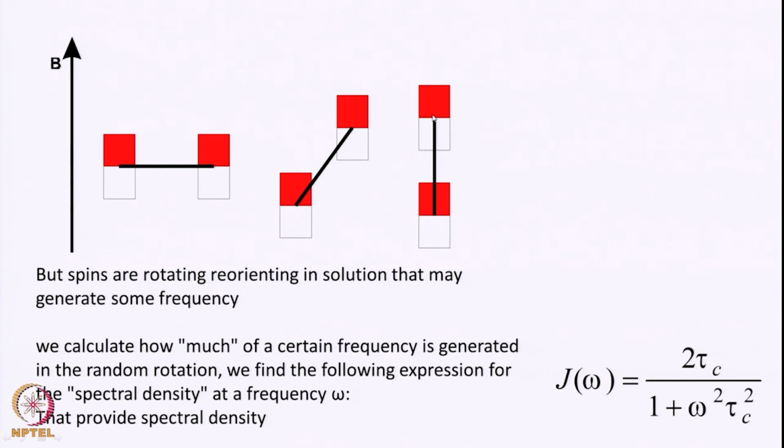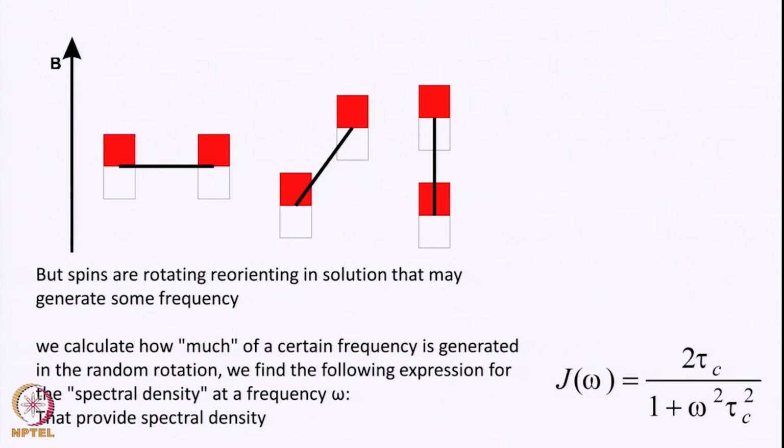The cartoon is showing a static case, but suppose spins are reorienting in solution. They may generate some frequency, and we can calculate how much frequency is generated by this random rotation of spins. If we calculate, we can find an expression for something called spectral density at any frequency omega.